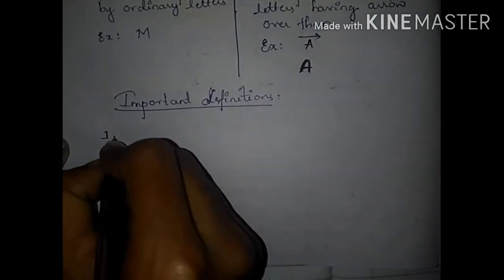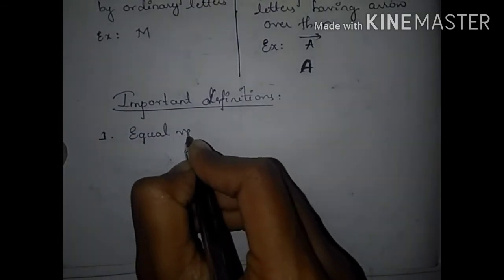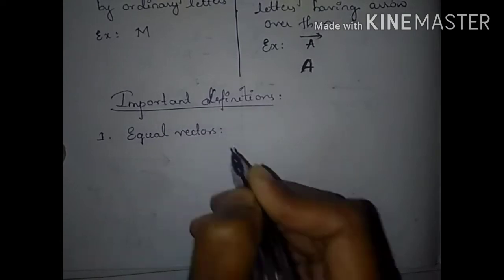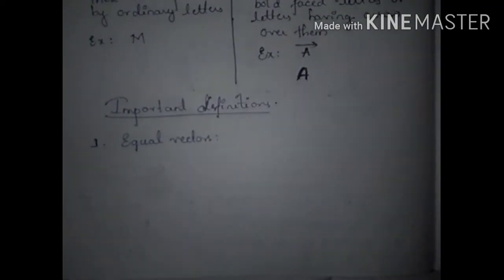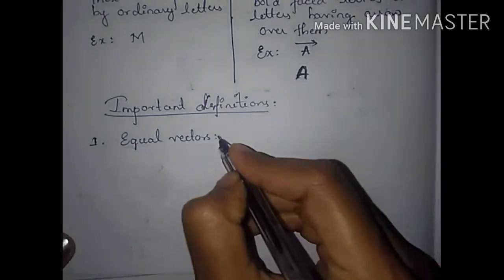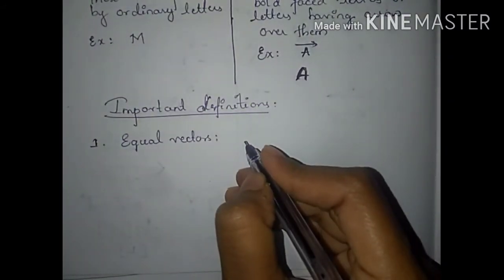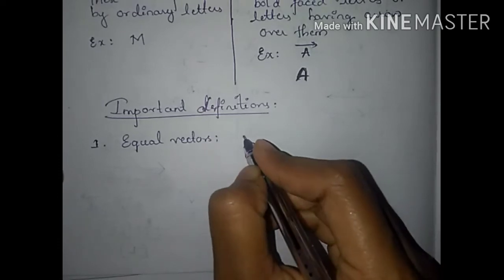So the first is equal vectors. When do you say two vectors are equal? If you have watched the earlier videos, then you can easily tell when two vectors can be said to be equal vectors. Let me write the definition here. Two vectors are said to be equal if they have equal magnitude and same direction.